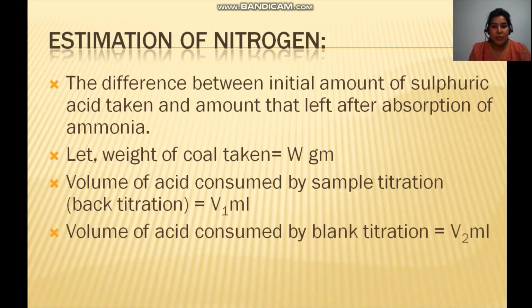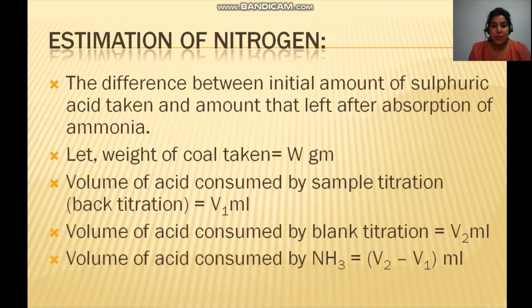And the volume of acid consumed by blank titration, where no ammonia is absorbed and the same quantity of acid is titrated with alkali, is V2 ml. The volume of acid consumed by ammonia will be blank minus back titration value, that is V2 minus V1.